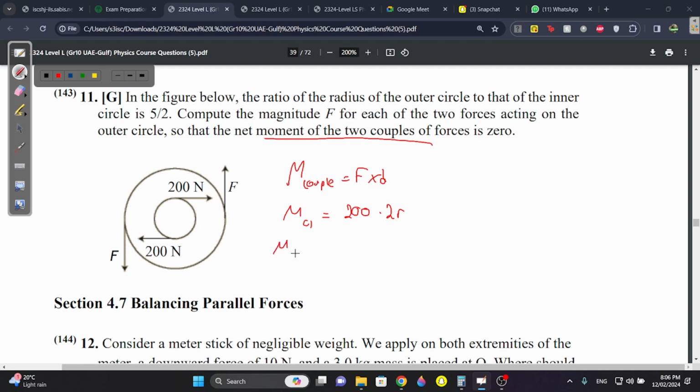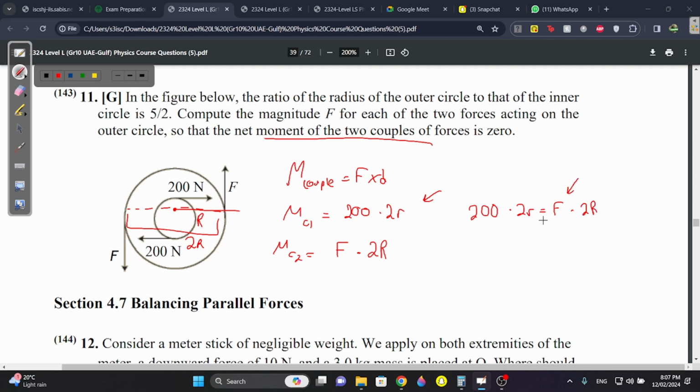How about couple 2? The moment of couple 2 will be the force, which we don't know, times, if this is the radius big R, since it's the bigger circle, then the whole distance will be 2R. So F times 2R. And these should be equal, right? So 200 times 2r should be F times 2R.